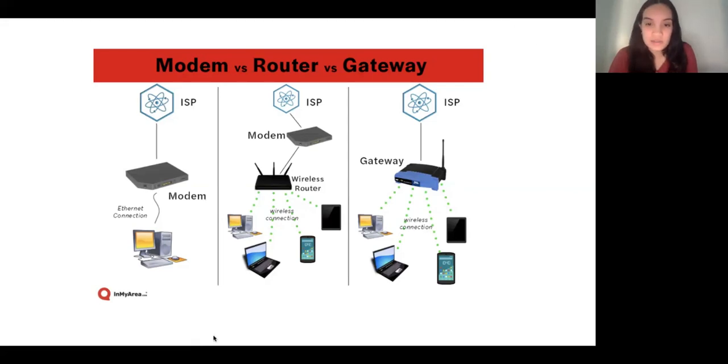Someone said, what is ISP? ISP means Internet Service Provider. So basically, if you live in New York City, your internet service provider is probably going to be Verizon or Optimum. Those are the two companies that we kind of pay our internet to.